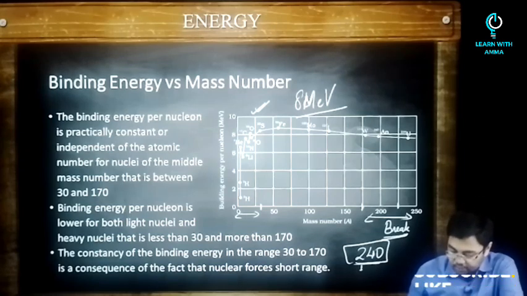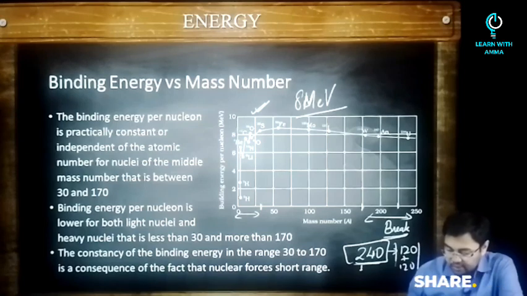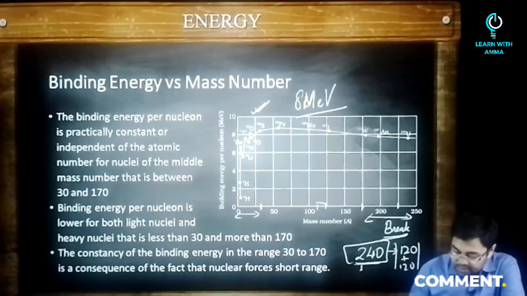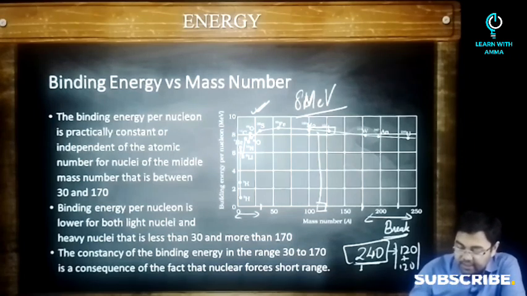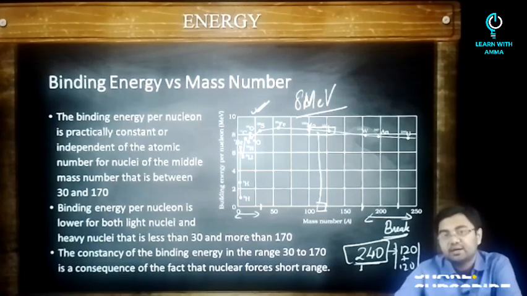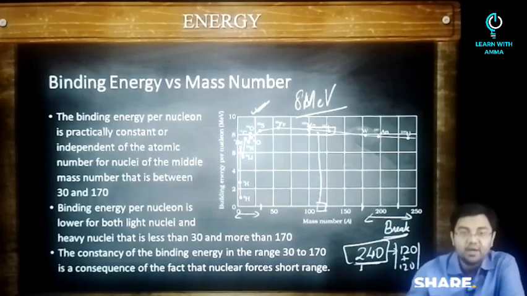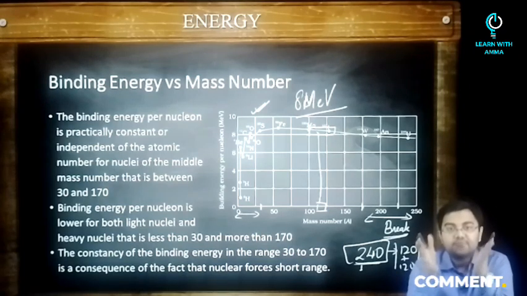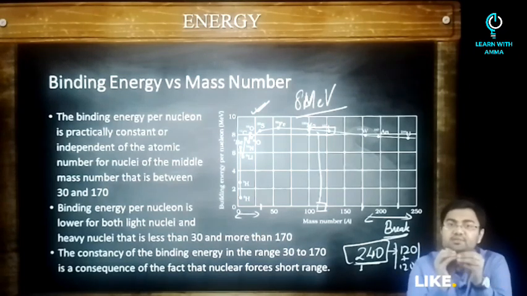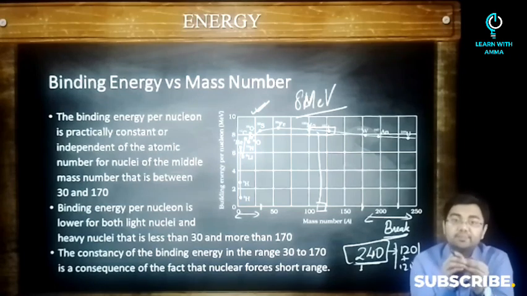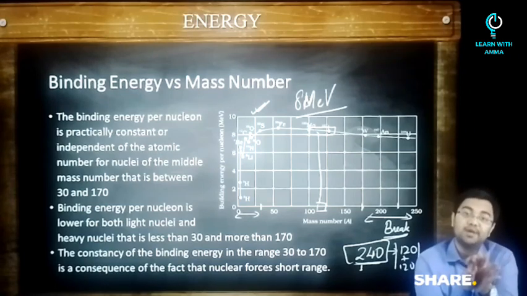If it breaks into 120 plus 120 mass numbers, it comes in this area. And if it comes in this area, the binding energy associated with that nucleus will also be higher. So if a heavy nucleus wants to attain a very high binding energy, it needs to split.